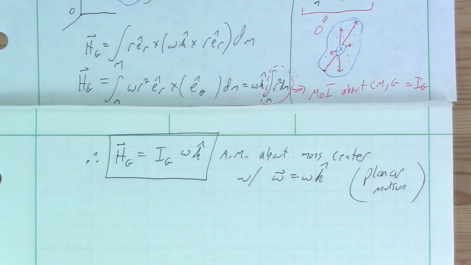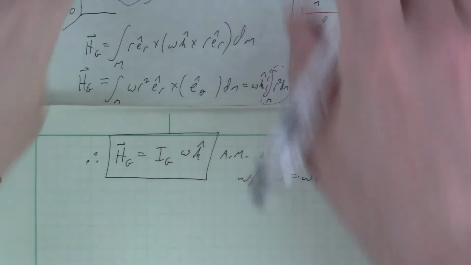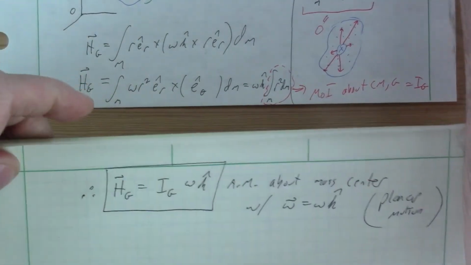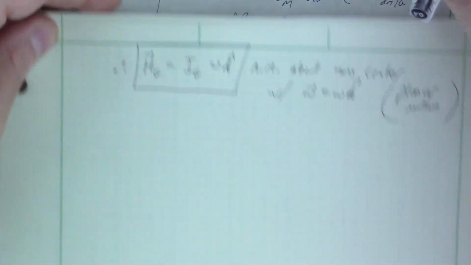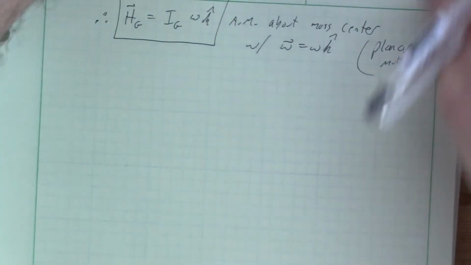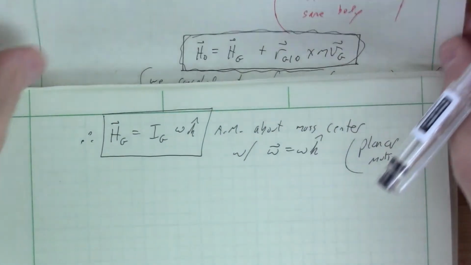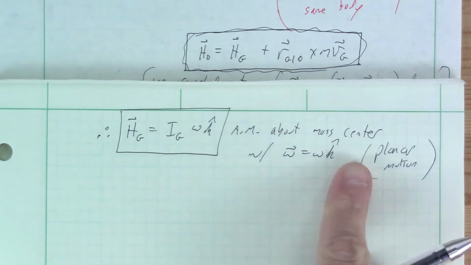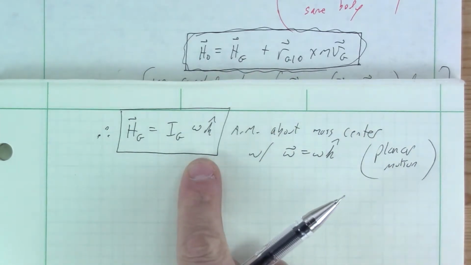Okay? Now we're ready to go back and plug this into our previous expression. You should have it in your notes somewhere. Previously, I'll get them on the same screen. Okay, angular momentum about the mass center, that's that. Well, now we have a relationship for it.